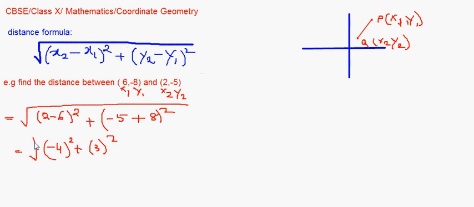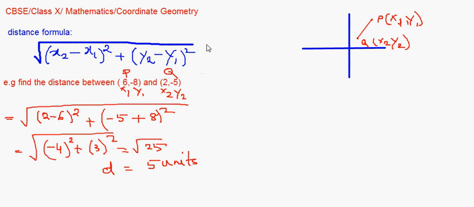So it is 16 plus 9, that's giving me 25, and root of 25 is 5. So the distance between the coordinates given, maybe I name them as P and Q, is 5 units. This is a very simple and direct application of the distance formula.